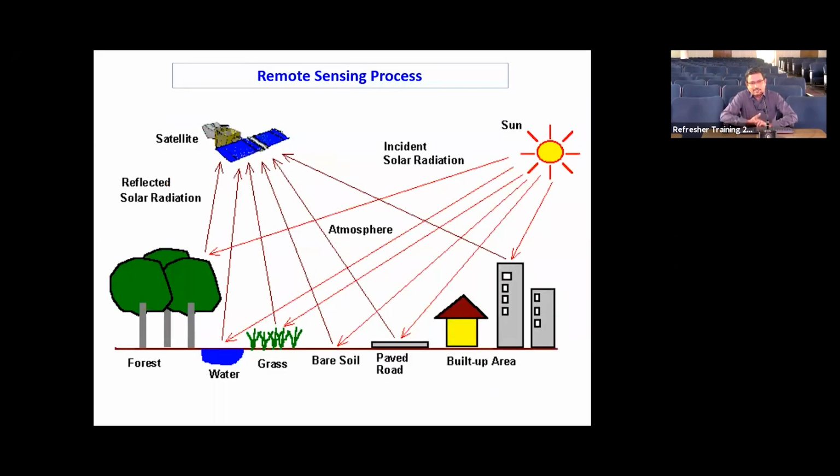You have a lot of objects, and the sunlight interacts with the different objects, let it be building, road, soil, grass, water, forest, agricultural land, anything. Some part of the energy may be reflected back to the atmosphere or space, and when you are able to capture the reflected energy using sensors, that is the remote sensing process.